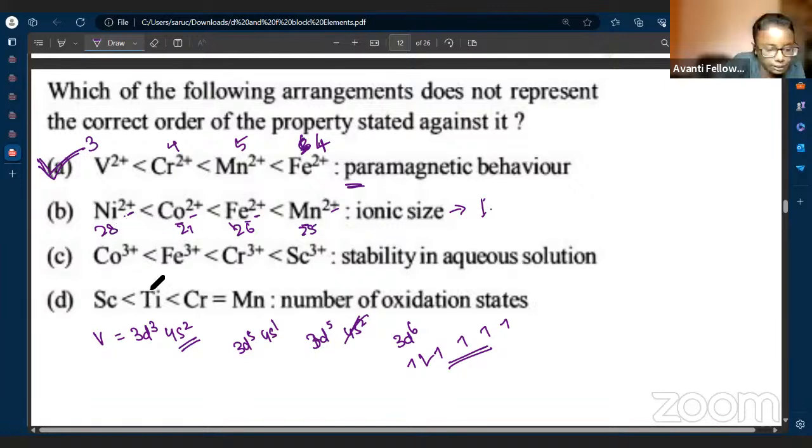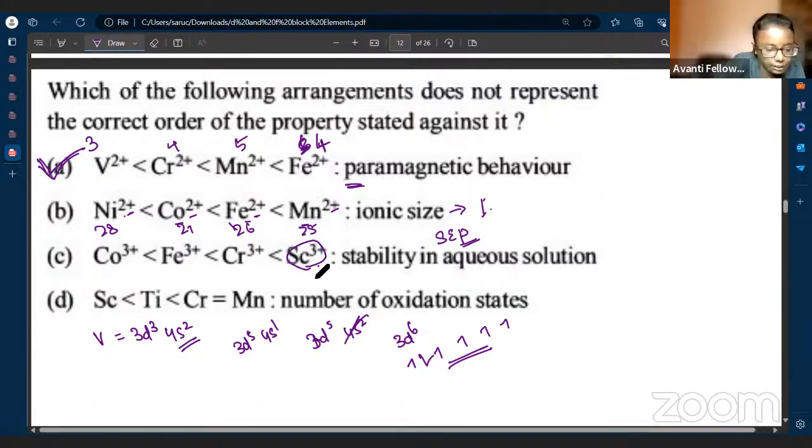And the stability in aqueous solution. The stability of the compound in aqueous solution depends on the standard electrode potential. Okay, so for cobalt, iron, chromium, and scandium. Scandium 3+ is going to be highly stable because it will not show the +2 oxidation state.